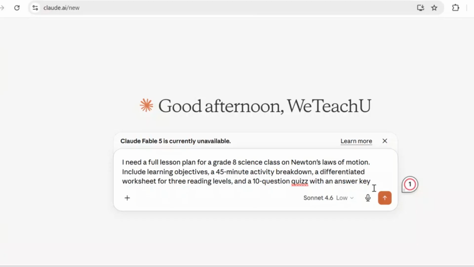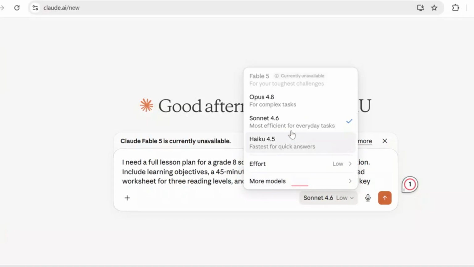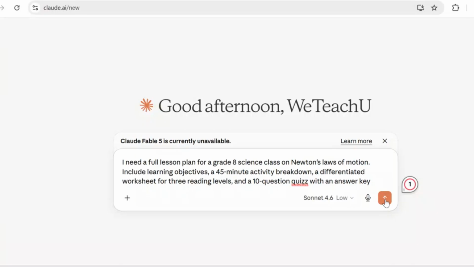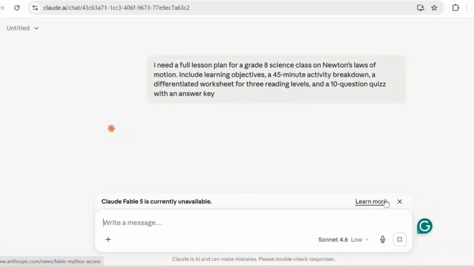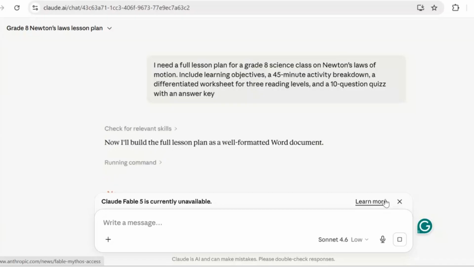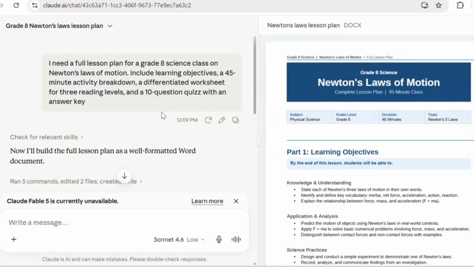That's my prompt. I'm using Sonnet 4.6, which is most efficient for everyday tasks, and I'll be sending the prompt and checking the content that I've just requested Claude to create. And here is what I got.